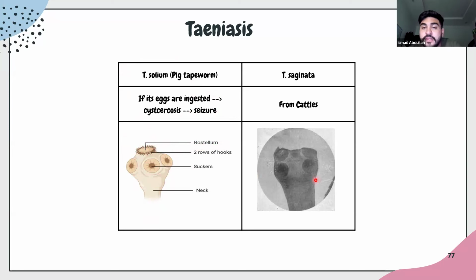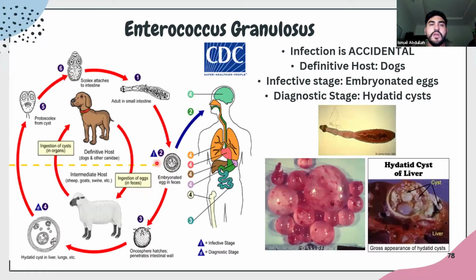T. solium has it. Saginata, it's absent. Even look at the suckers, the way they're like here, I think it's more than four. Here it's just organized in this fashion. You know what I mean? But anyways, the rostellum is the one that can tell you the difference between them. Hello? I hope it's clear.